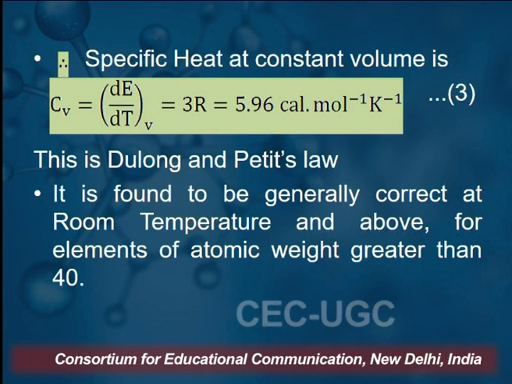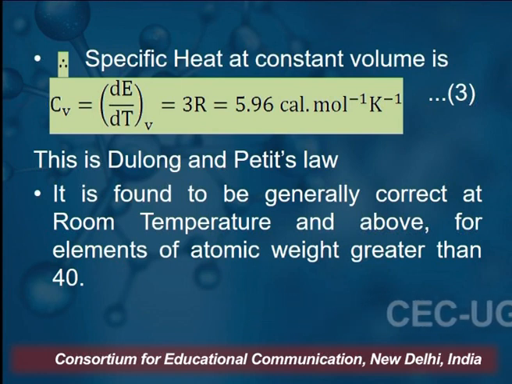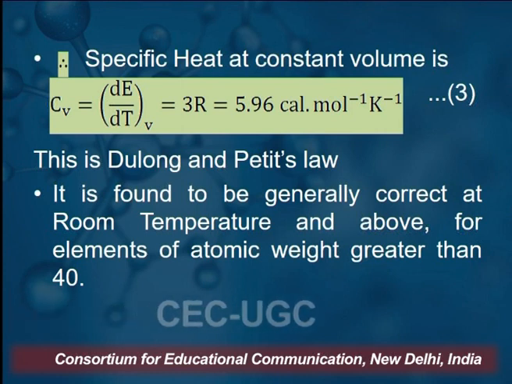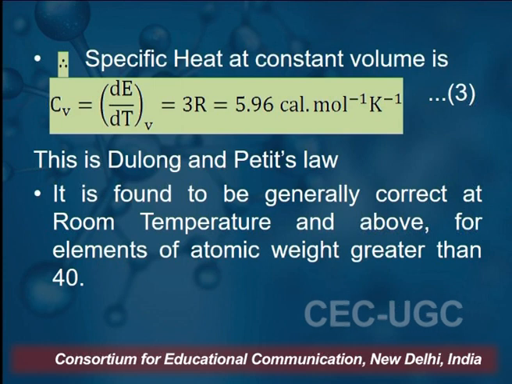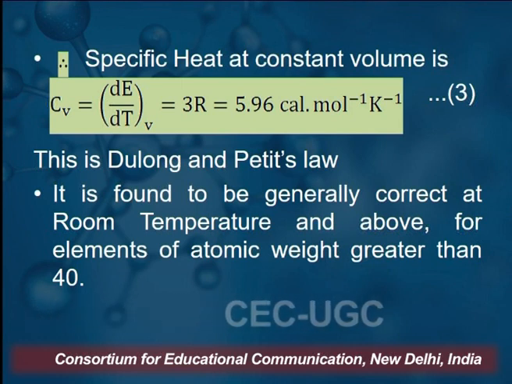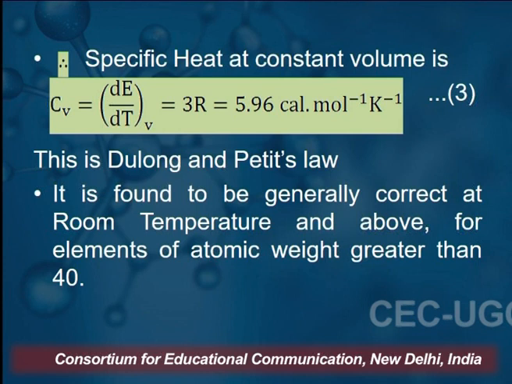This means the specific heat at constant volume, which is given by dE by dT at constant volume, will be equal to 3R, which is 5.96 calories per mole per Kelvin. This is the Dulong-Petit law.